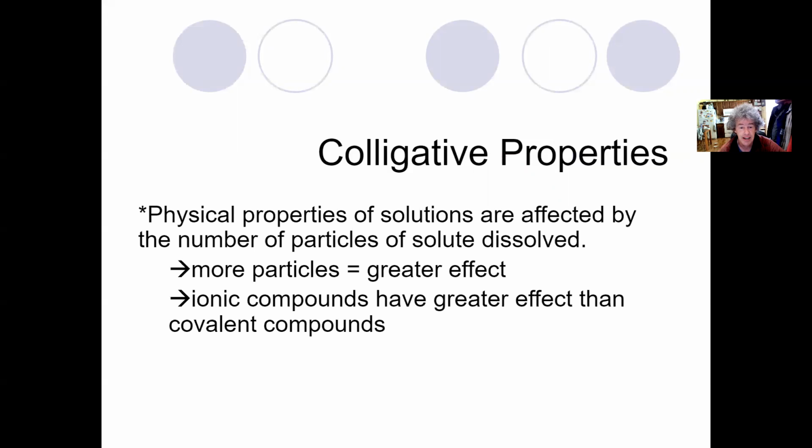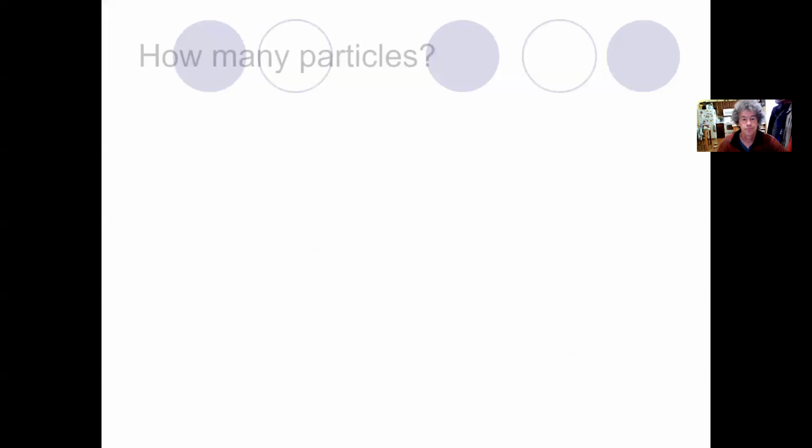Because of that, ionic compounds have a greater effect than covalent compounds, because when ionic compounds dissolve, they break into multiple pieces, whereas covalent compounds break into whole molecules. And this is what you see when ice melts. It affects the melting point of water. It also affects the boiling point of water.